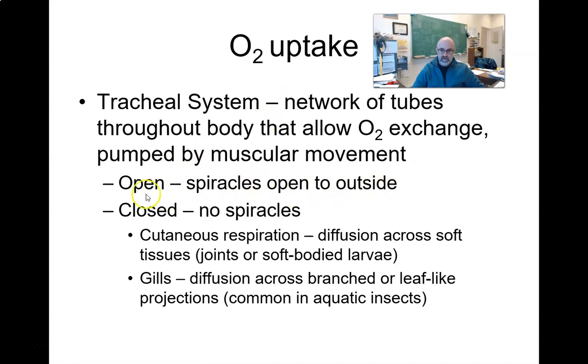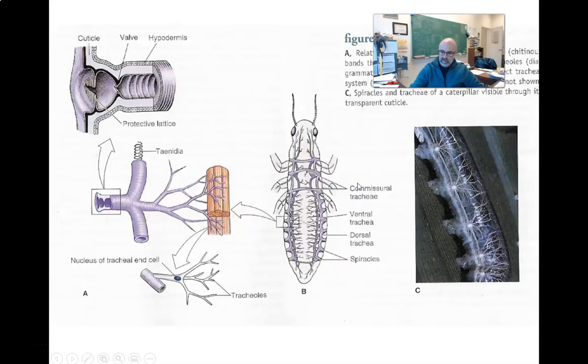And they have these spiracles all around. Now, there are some insects that either breathe through their skin cutaneously or they breathe through gills. But most insects have this open tracheal system that features these spiracles.